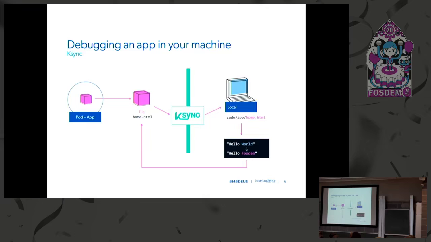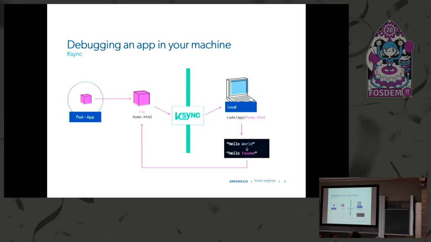And you want to change that without having to recompile a whole Docker image and everything. And so ksync will sync a directory that's on your local machine with the directory that's in the pod. And so then on your local machine, you can change the file, and it'll get synced into that container.